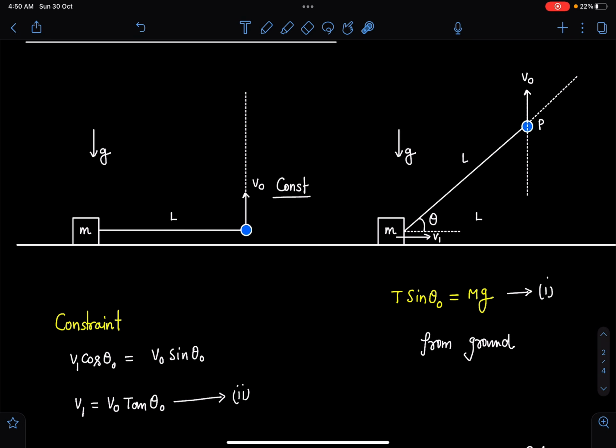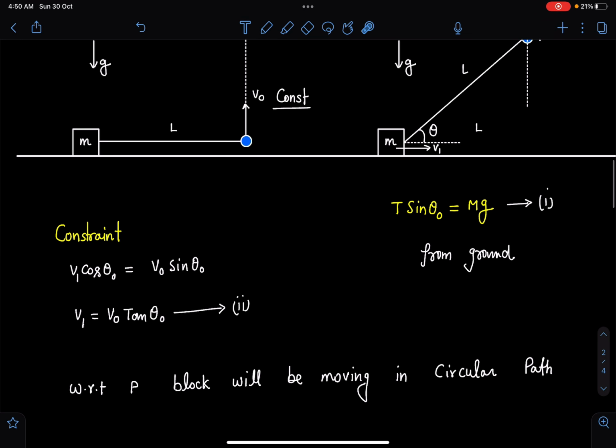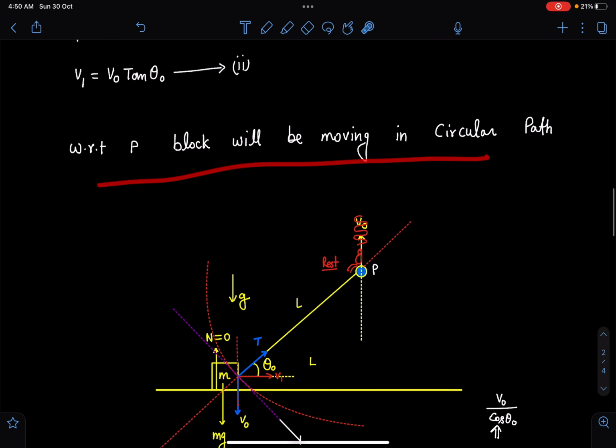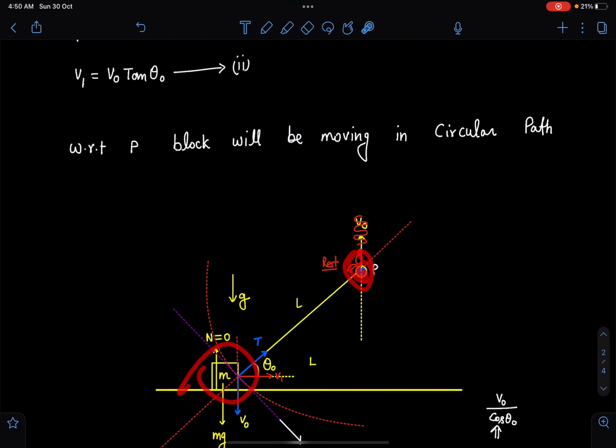I hope you are realizing the similarity between this problem and the last problem. It's almost a similar type of approach, exactly the same, I'll say. Only the application-wise frame situation is changing a bit, otherwise it is the same. So with respect to point P, block B will be moving in a circular path. So I'm observing this entire motion of this block from P, and I can say this is the circular path.